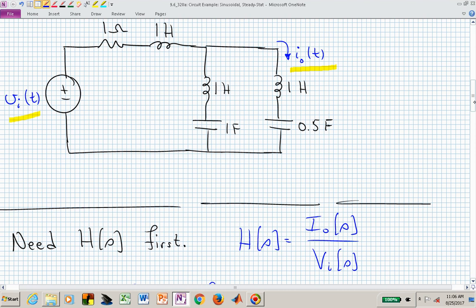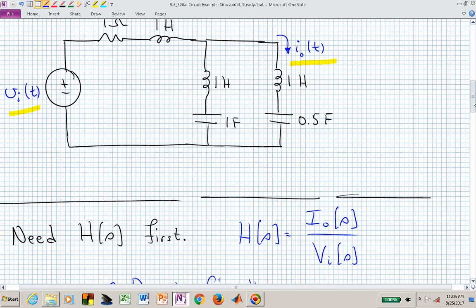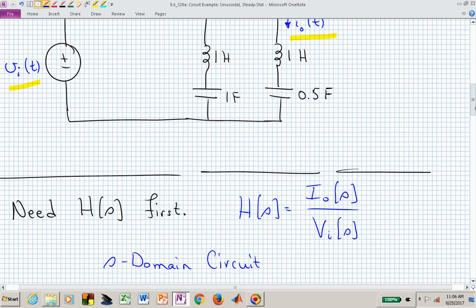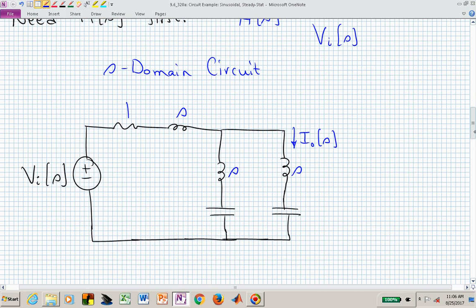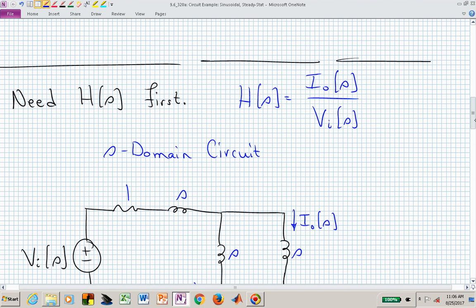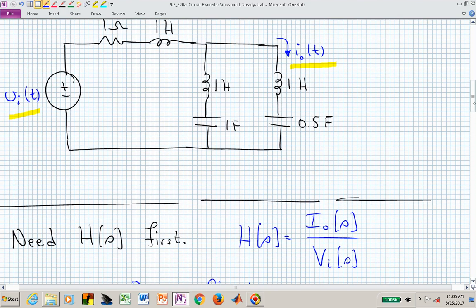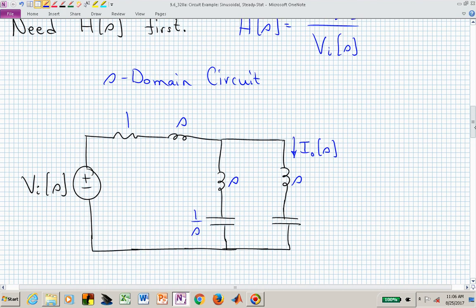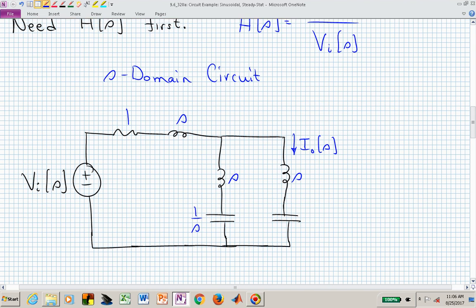The capacitors, okay, I changed things up a little bit. Now we have the impedance of the leftmost capacitor is 1 over SC. So this now becomes 1 over S. And the rightmost capacitor is 1 over SC, where C is now 1/2. So we now have 1 over S times 1/2.